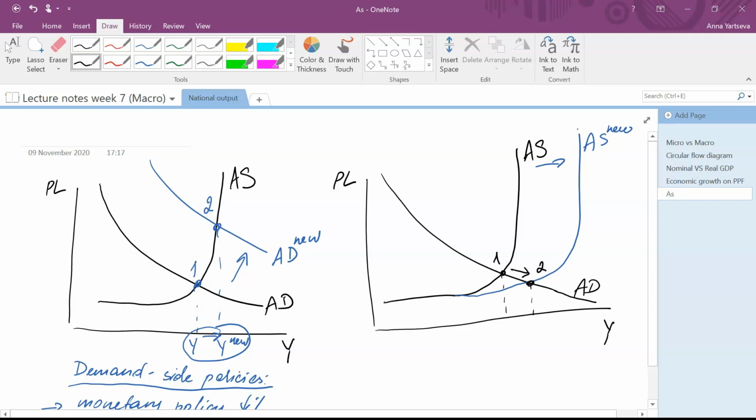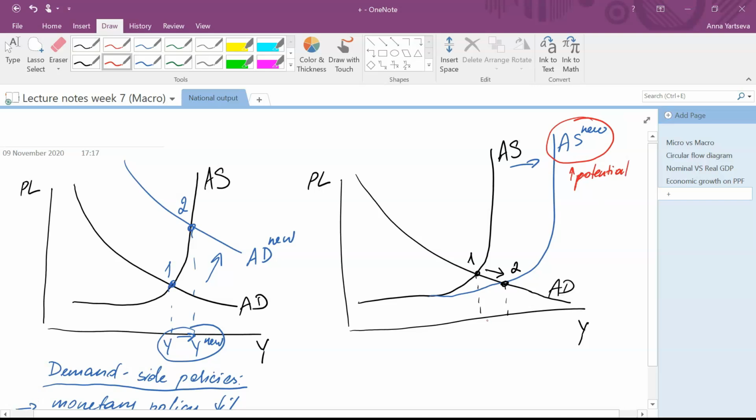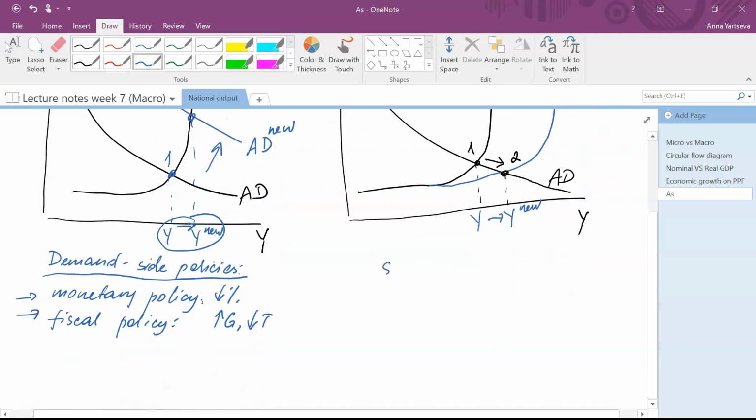However, when we shift aggregate supply, we are actually increasing our production potential. We are not only increasing our current level of output, we are also expanding our capacity to produce it in the future. So supply side policy will include any factor which will shift the aggregate supply curve to the right.